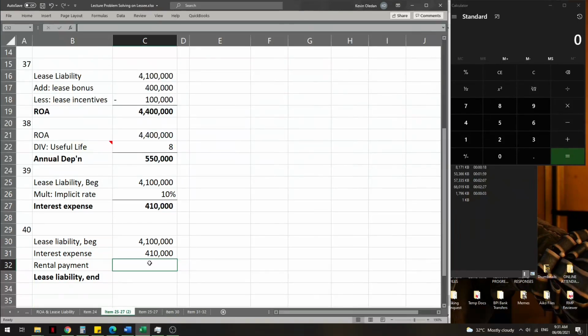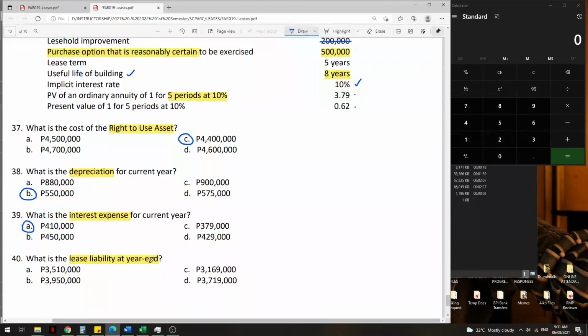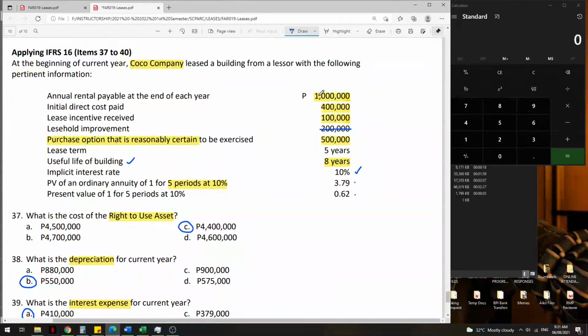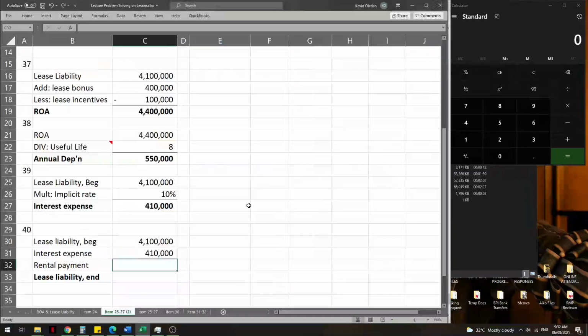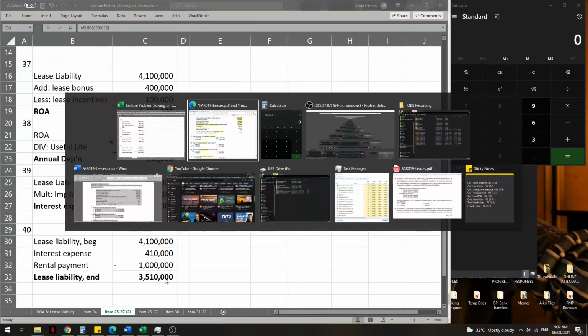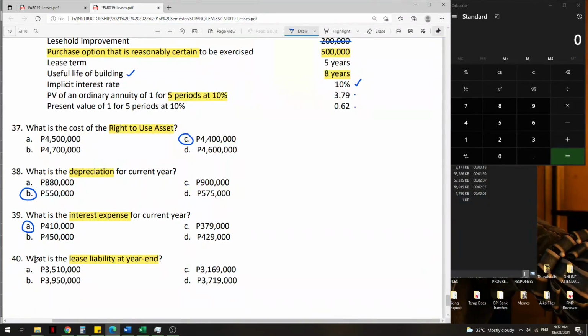I-add mo ang interest, i-deduct mo ang payments. So, we knew earlier that the payments is 1 million annually. So, by the end of the year, mababawasan po ng 1 million ang babayarin natin in terms of the lease. In short, our lease liability end will be 3,510,000. Your answer, letter A again.